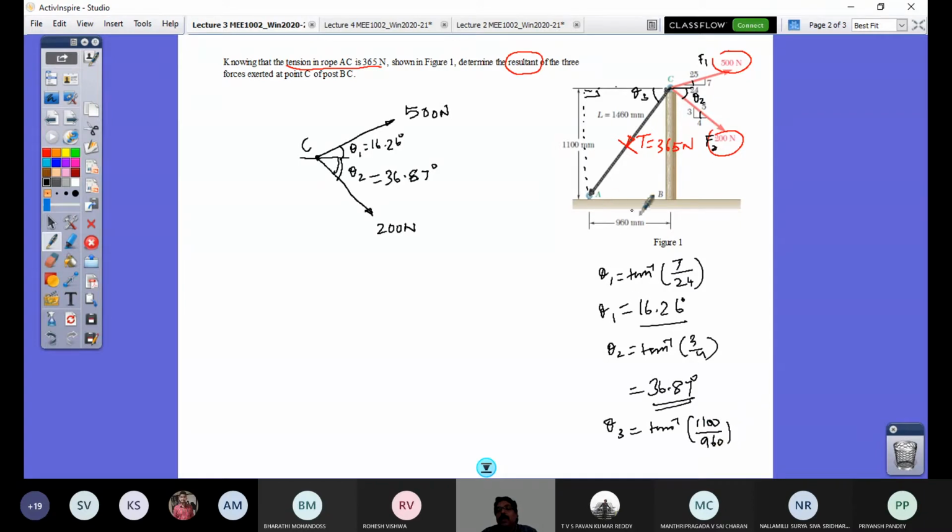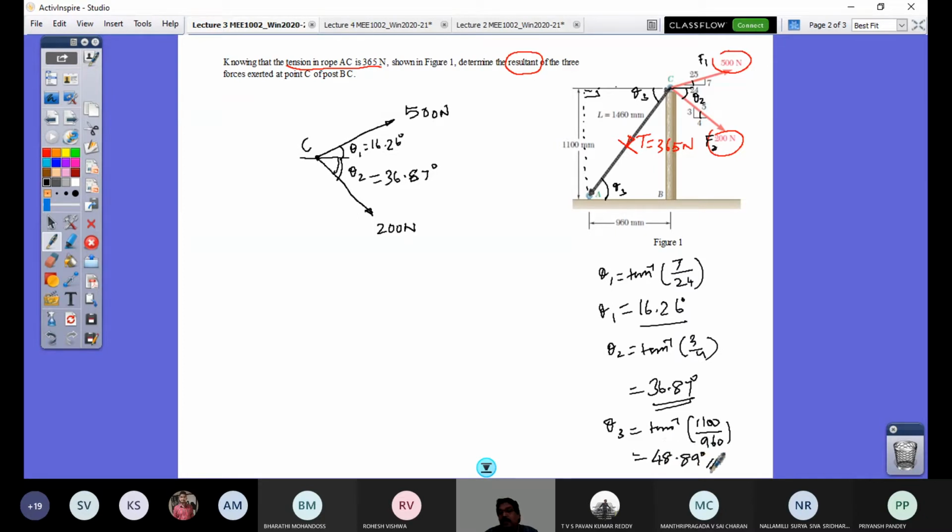That is this length, because I require this angle, opposite by adjacent. The same angle theta 3 can also be looked at here. So the opposite is this height of the post, 1100, and the adjacent is 960 mm. So if I put this, I would get this angle: 1100 divided by 960, tan inverse of the answer is 48.89 degrees.